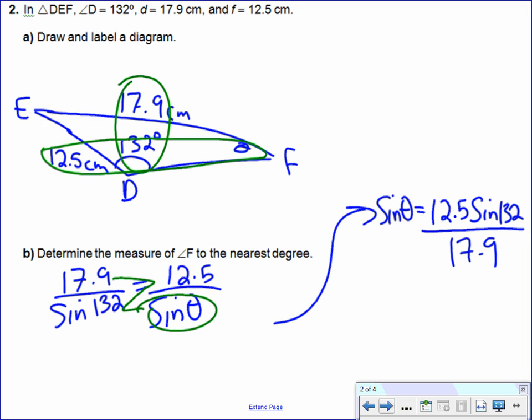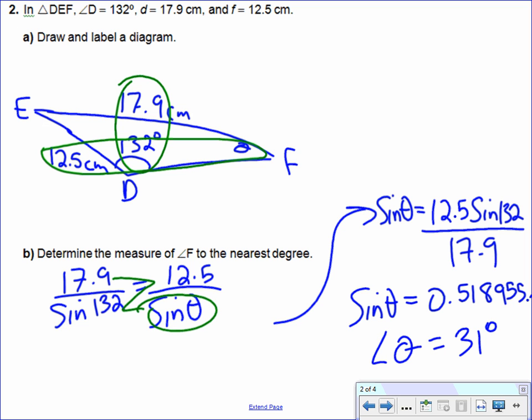So, 12.5 times sine 132 equals, then I'm going to divide it by 7.9 equals, and for sine of theta, I'm going to get my decimal of 0.518955, and so on. You do not need to write this decimal part. I'm just reminding you that it does exist. Second function, sine, I use my answer button, and I get 31 degrees. Angle theta equals 31 degrees.